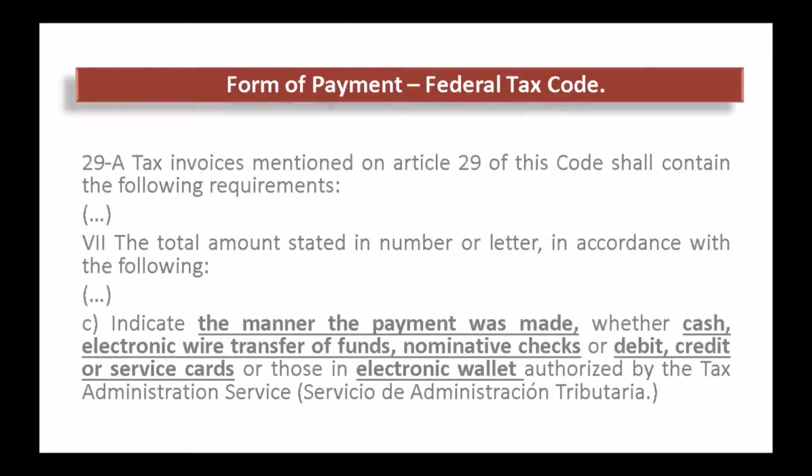This is a difference that at the beginning everyone was asking questions about, but it has been clarified that what is requested in the XML will be the method of payment, such as cash, check, transfer, even though in the tax code it is established as form of payment. I just thought it was important to make this clarification.